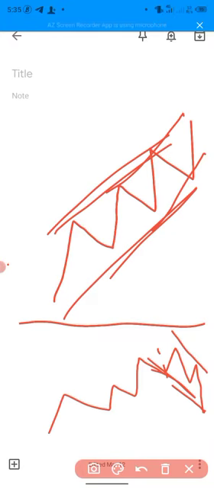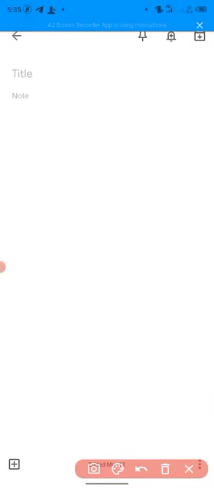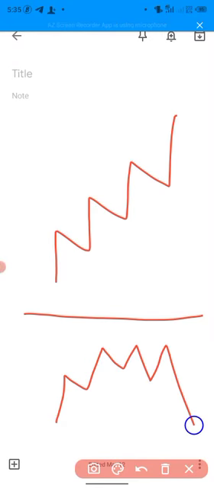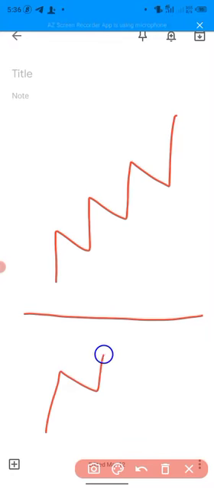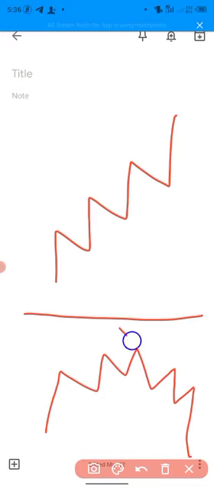Let me do it again. This is what we call a bearish divergence.